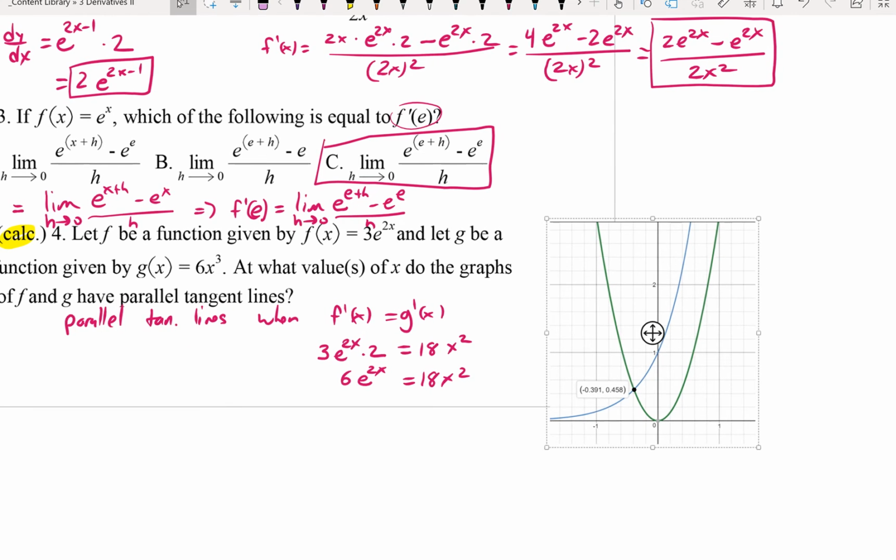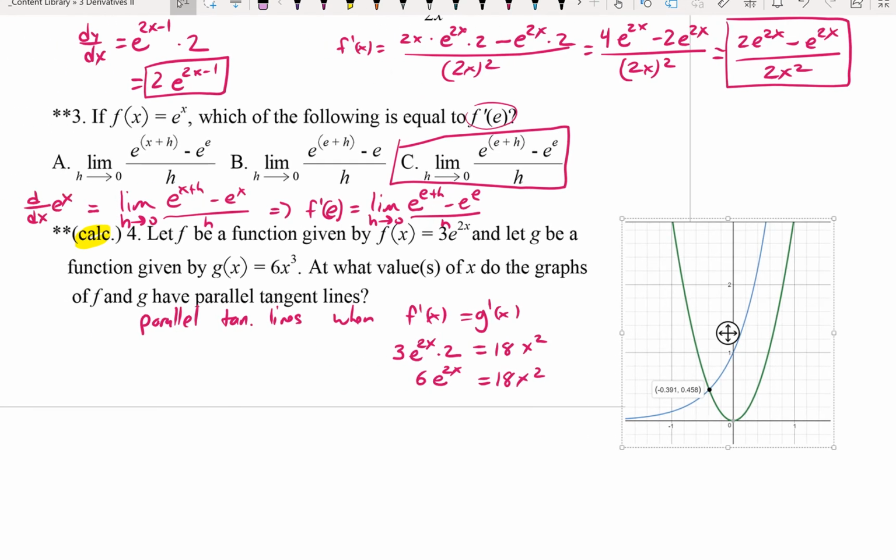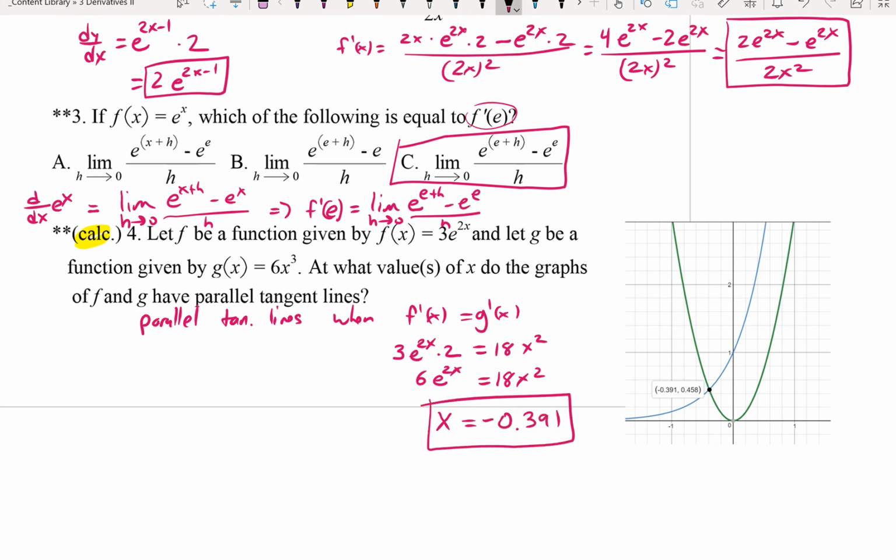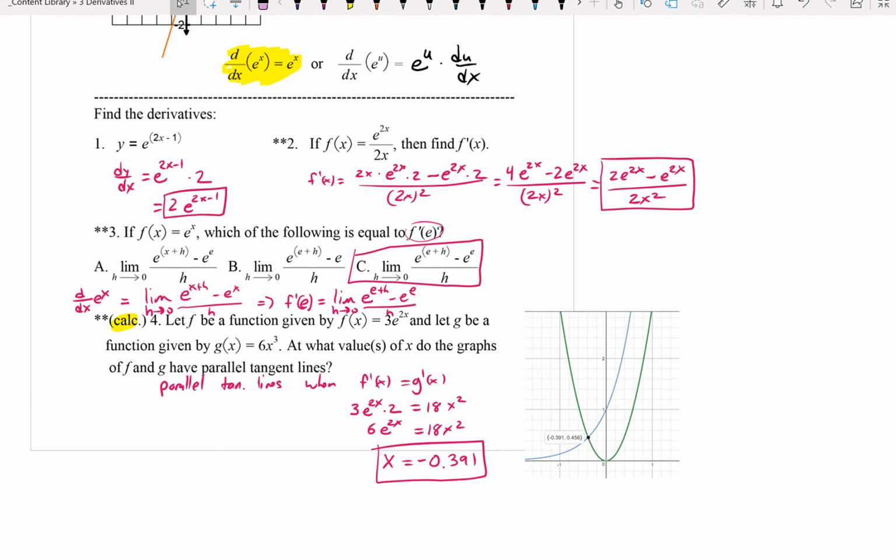And you can see that what I did here is I graphed in green the parabola 18x squared, and in blue the exponential function 6e to the 2x, and I've identified the intersection point on Desmos as occurring at x is equal to negative 0.391. So we did most of that in class already. Just want to make sure you had it all.